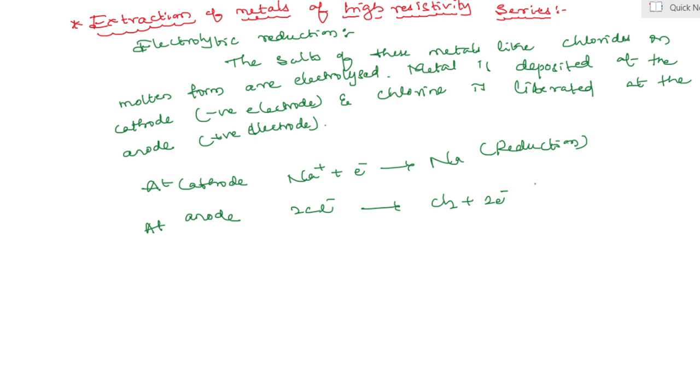It means the process of oxidation takes place. Similarly, aluminum is obtained by electrolytic reduction of molten aluminum oxide, also called alumina.